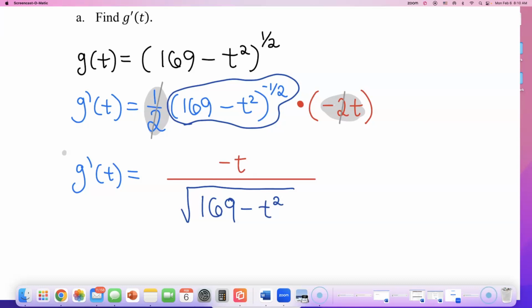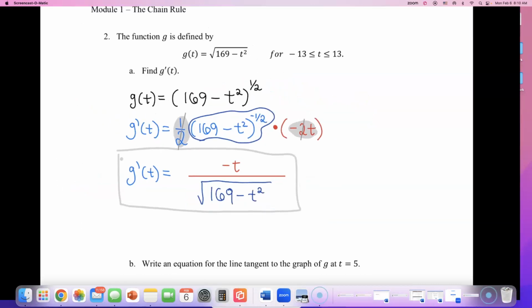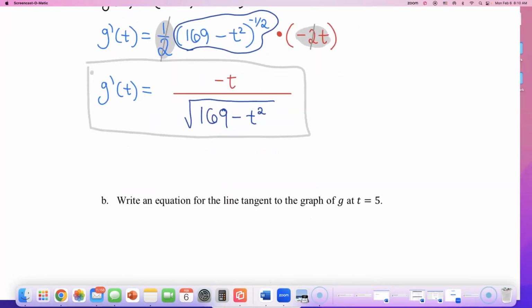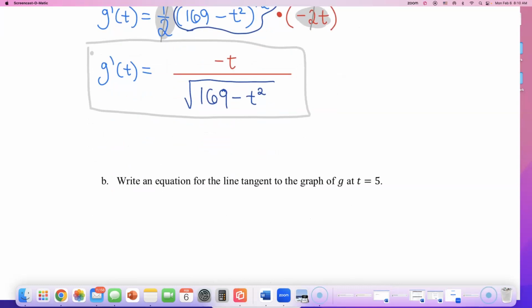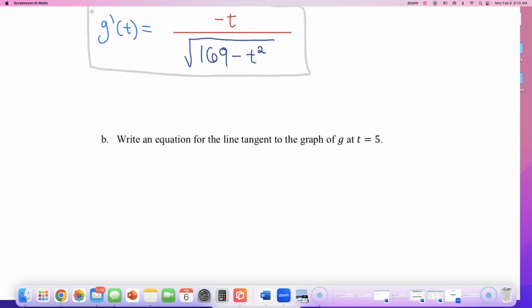So I'm excited to know what we're going to be doing with this derivative function, but that's what we found for part A. They want us to write an equation for the line tangent to the graph G at t equals 5. Now remember, if you want to write the equation of a line, you need an x value, a y value, and then you need m, right? You need 3 things.